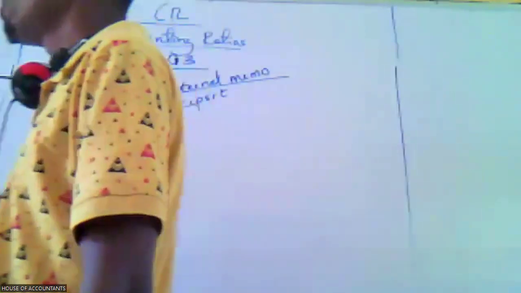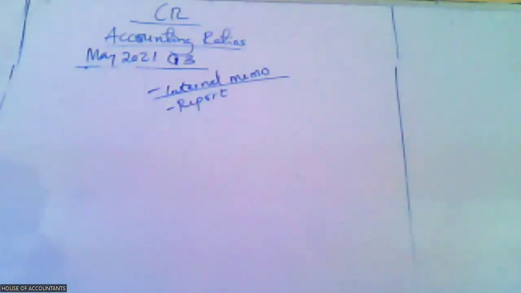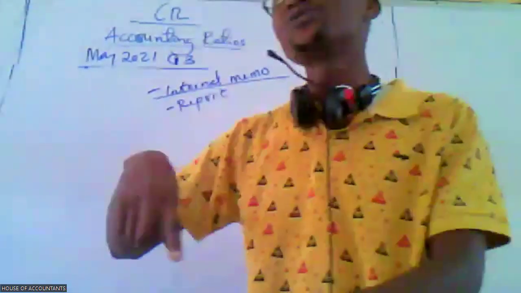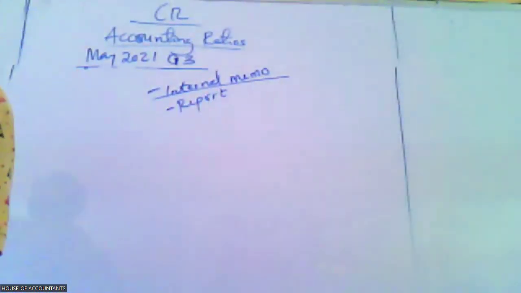Now, when do we use internal memo? You use internal memo when you are writing within the organization. Like this question now, they are assuming that you work in that organization and they want you to write to your managing director or your boss, your supervisor in that same organization.